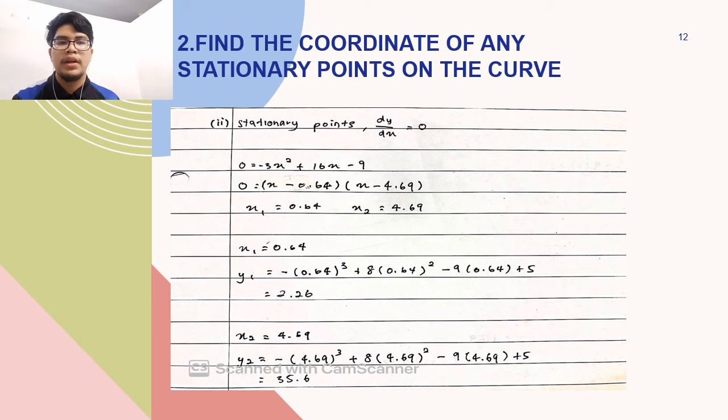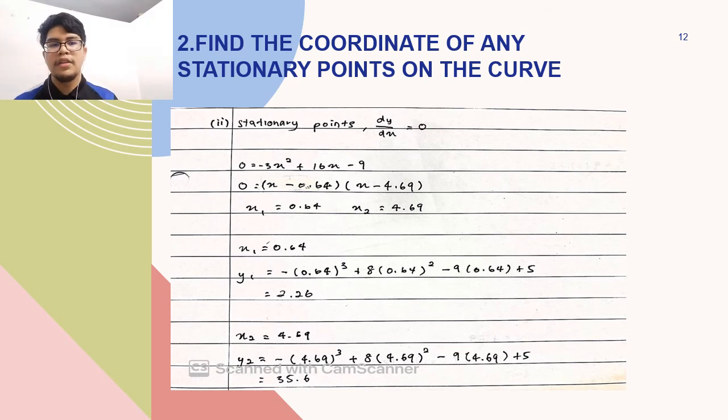If x1 equals 0.64, we put x1 into y1. y1 equals negative 0.64³ plus 8 times 0.64² minus 9 times 0.64 plus 5, which equals 2.26.